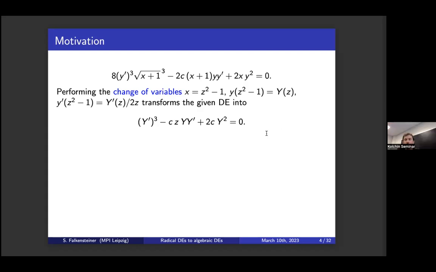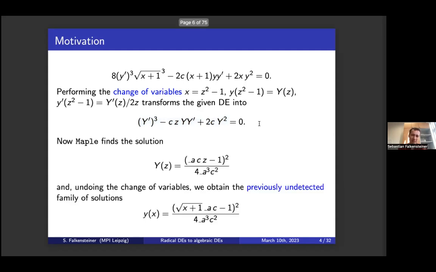Okay, thank you. So in this differential equation here, there are no radical expressions anymore. We call this type of differential equations algebraic differential equations, where everything is polynomial. Now we can again plug it into Maple, and it gives us this solution back here.